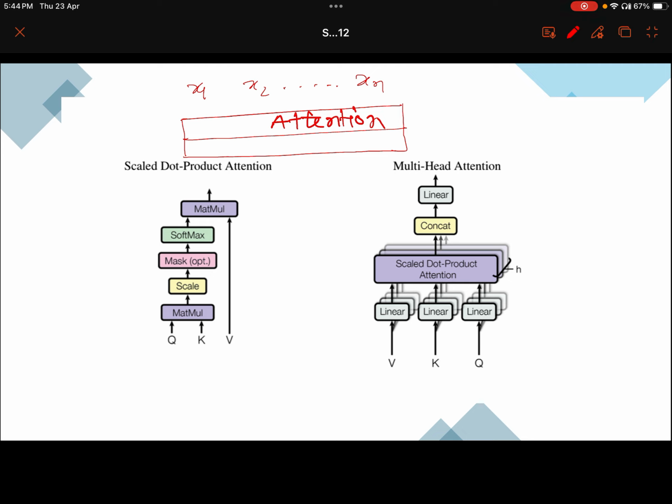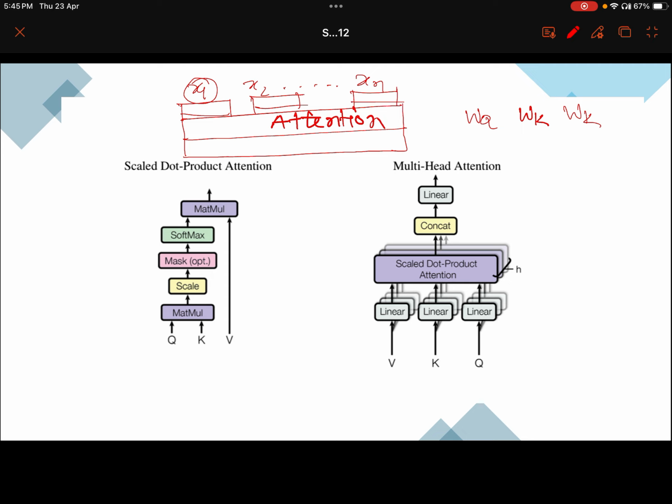We have three weight matrices, WQ, WK, and WV, and we have a representation for the input tokens, the vector embeddings.